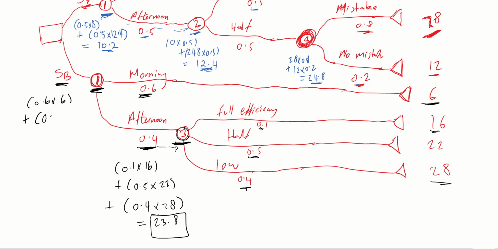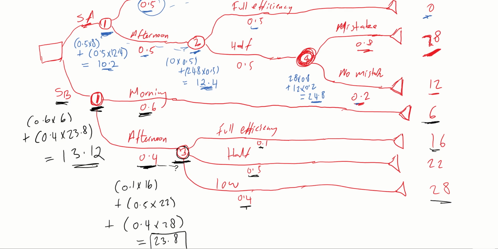So it's 0.4 multiplied by 23.8. The answer that you should get is 13.12. Let me double check: 0.4 times 23.8, yes, 13.12. So that's for subcontractor B.